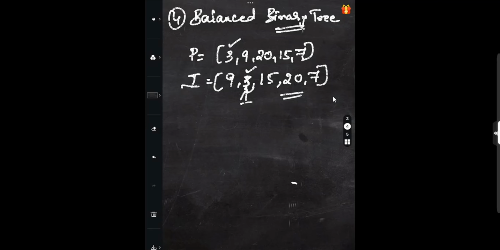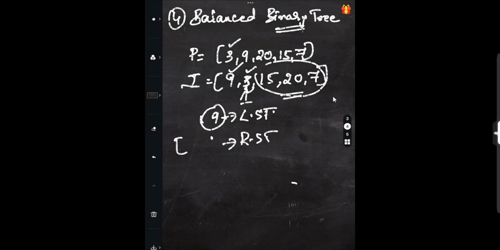We know this one. So the left subtree will be 9 in this case, and the right subtree will be the other elements on the right side, 15, 20, 7 in this case, right?